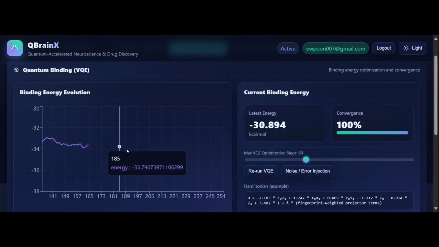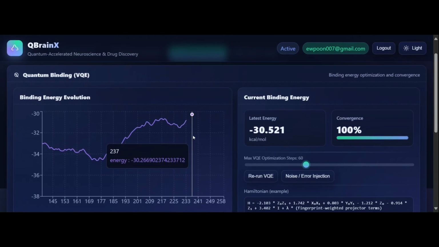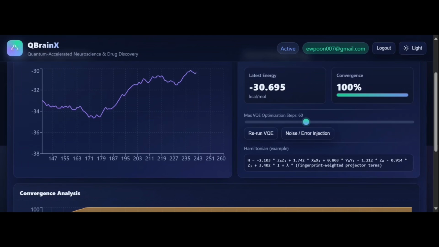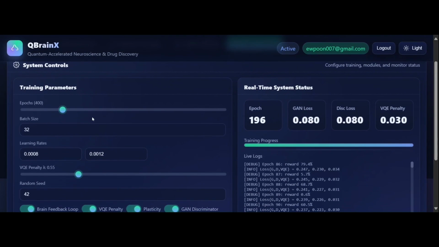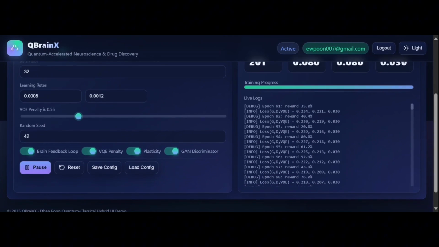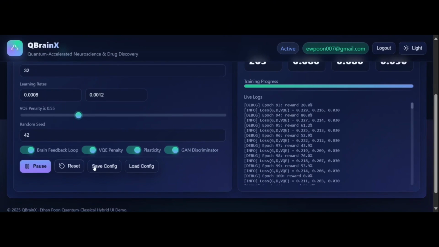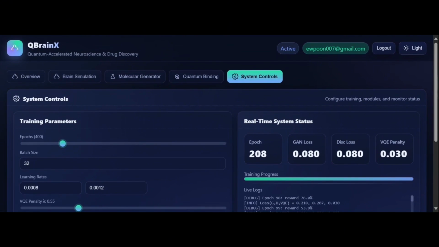And each of these statistics are all running in real time, so you can see the latest energy and the specific convergence as well as the Hamiltonian. And this basically all stems from the system controls that you can modify and make your own. You can pause it, reset, save it, and load another one. And this is all connected to your account and email.